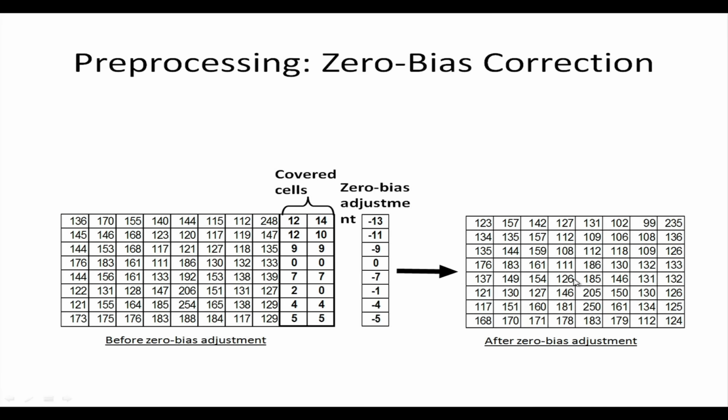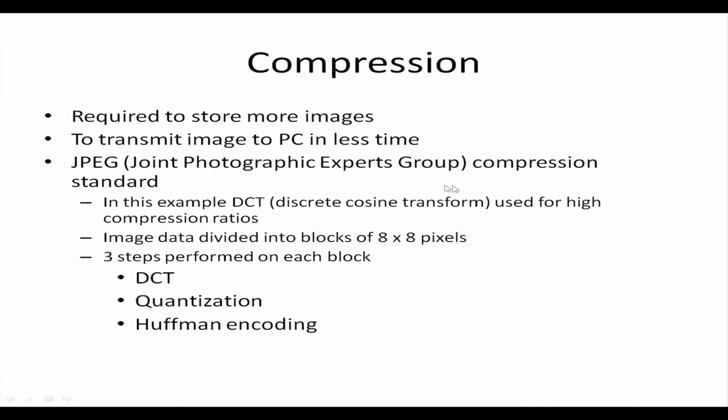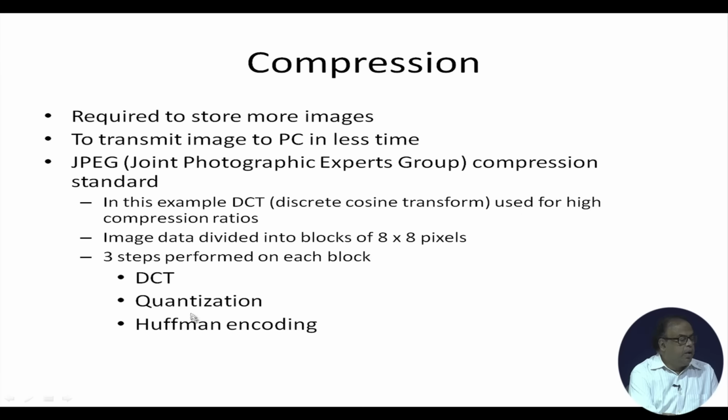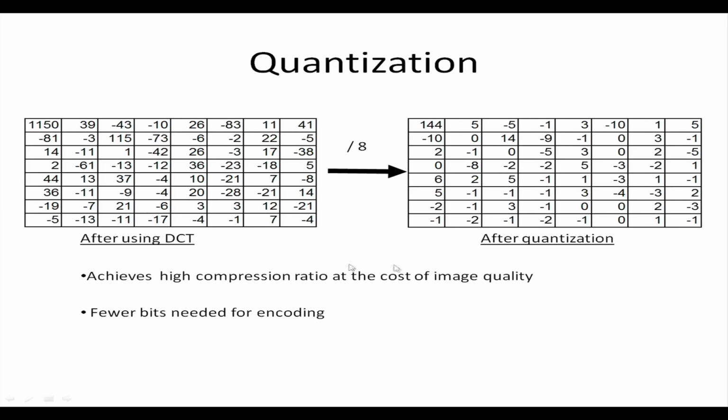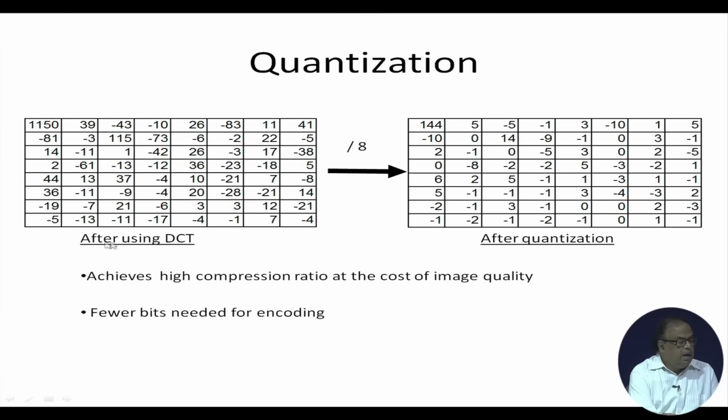Then I do some compression, and for compression we selected here the discrete cosine transform. As I do that, I get a matrix like this, which I am quantizing.